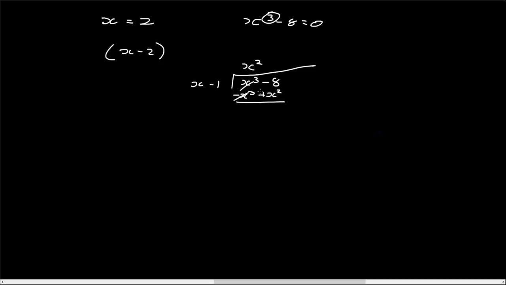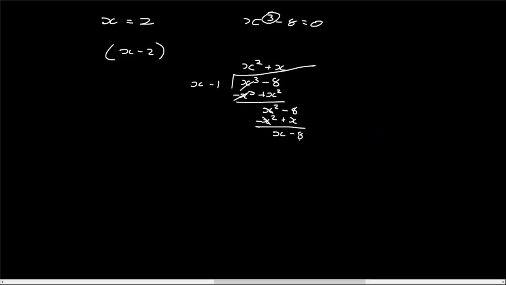Those cancel, and we have x squared minus 8. Now x goes into x squared x times. x times x is x squared, x times minus 1 is minus x. We go minus and a plus, and those two cancel, and we're left with x minus 8.